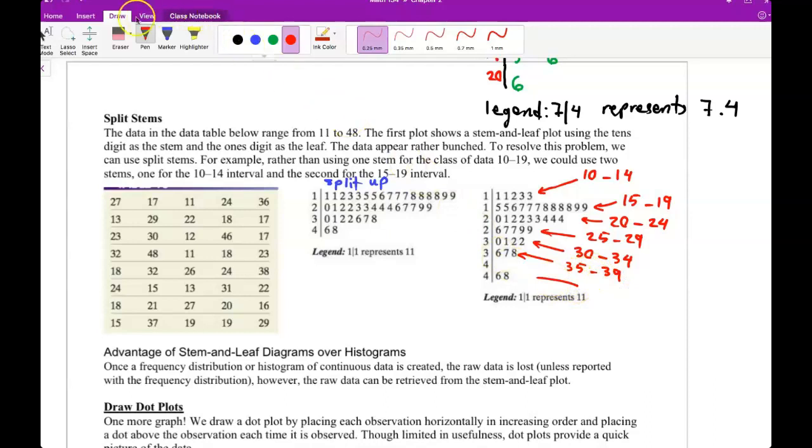Then 40 up to 44, and we have nothing in that class. This one is 45 up to 49. See, we have 46 and 48; these two numbers are in this interval. This is how we decide which numbers belong to which part.